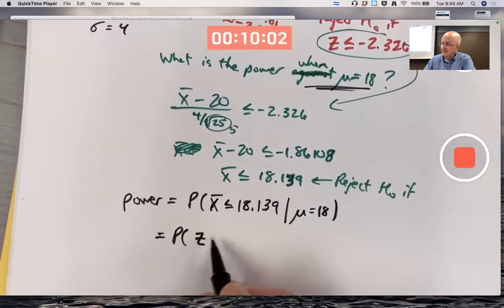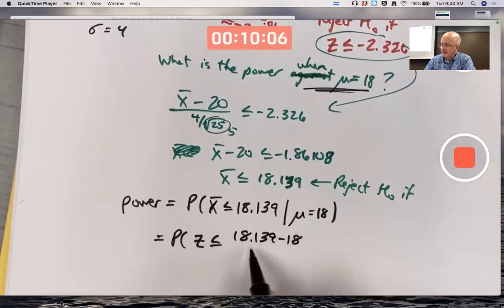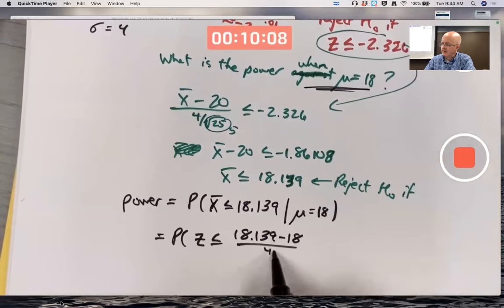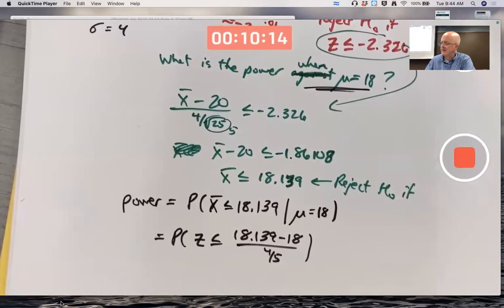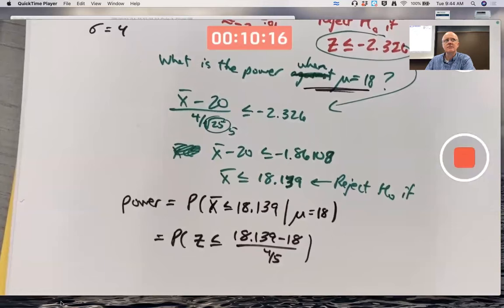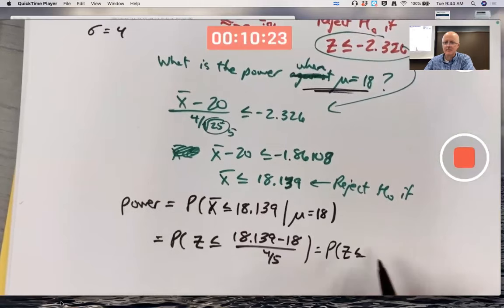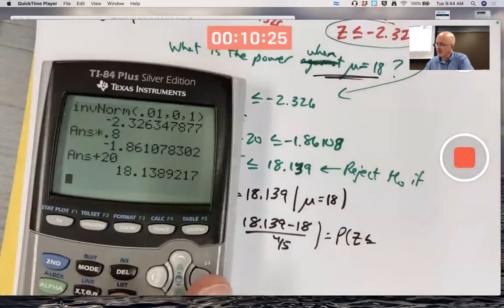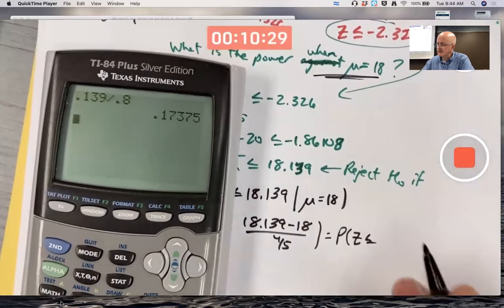Standardize, convert to Z. So now we subtract 18 instead of subtracting 20, but we still divide by 4/5. This power is not going to be real high, but it will be slightly bigger than 0.5 at least. 0.139 divided by 0.8.